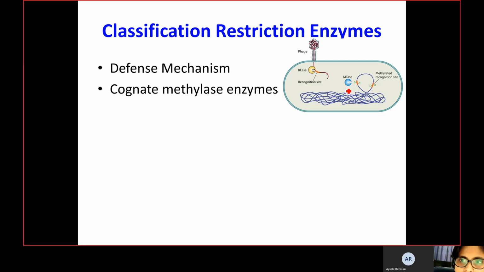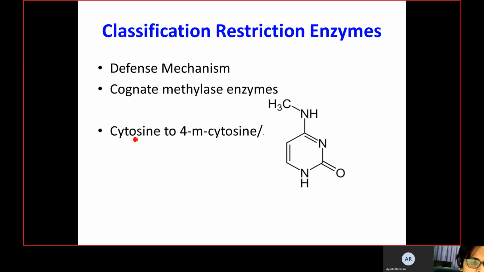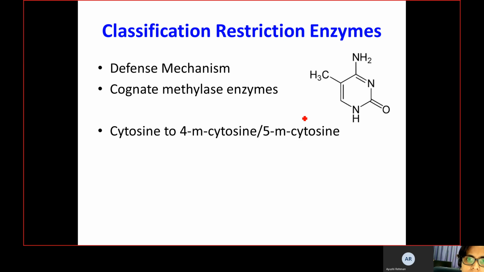And this methyltransferase catalyzes the transfer of a methyl group to a specific base within the recognition site, as can be seen here. Now there are various nucleotides that can be methylated. For example, cytosine can be methylated into 4-methyl cytosine, 5-methyl cytosine, or 5-hydroxymethyl cytosine.